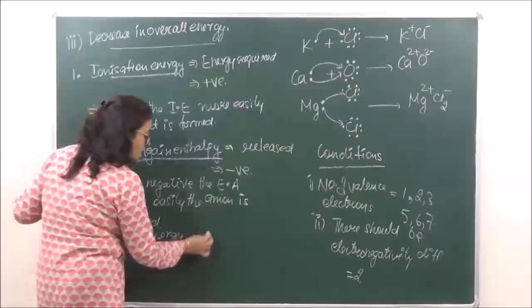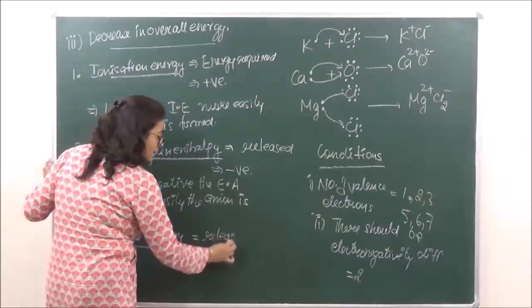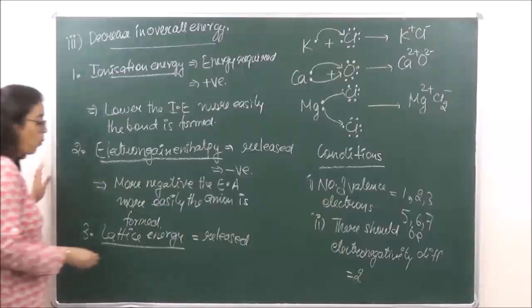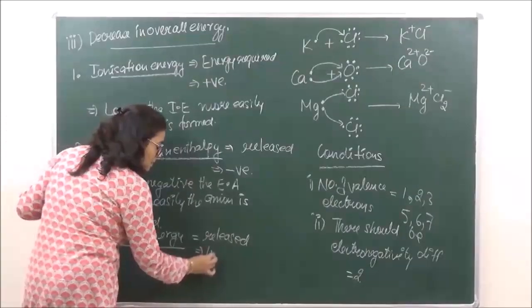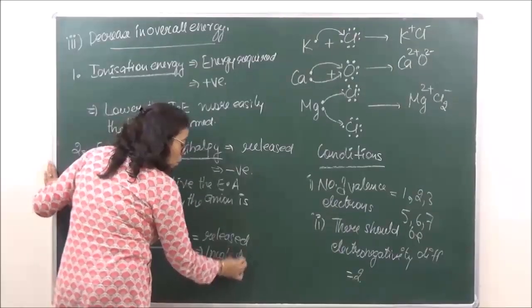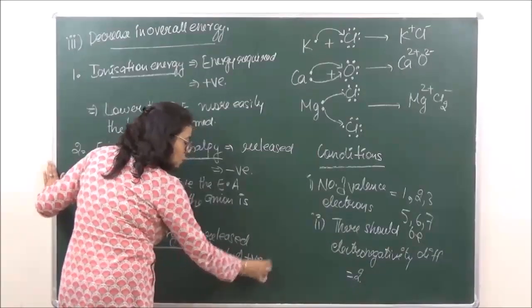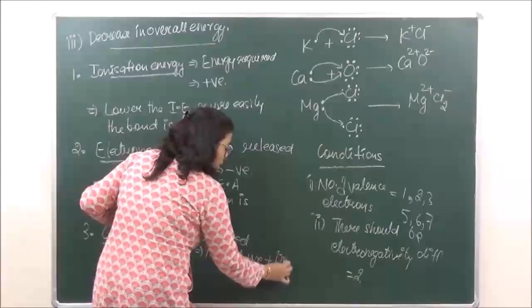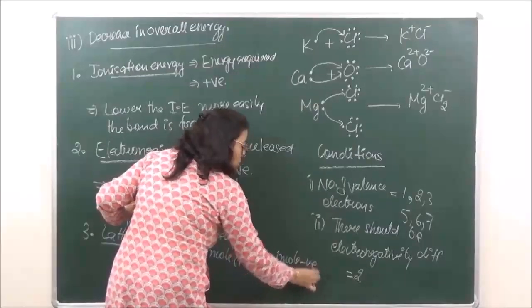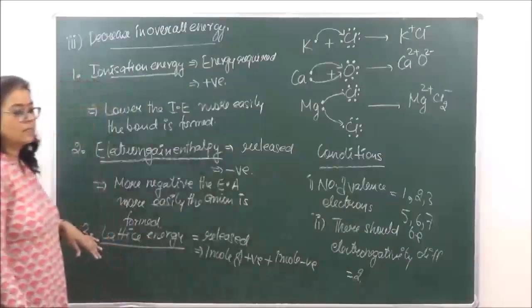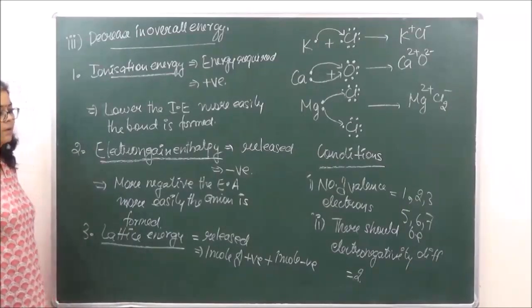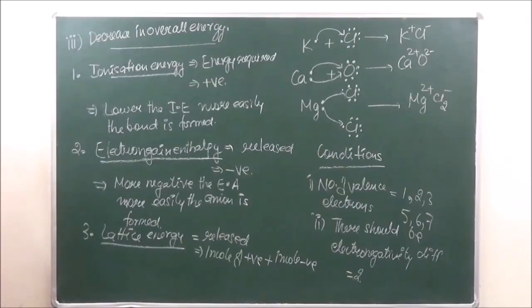Lattice energy is again the energy released when one mole of positively charged cations plus one mole of negatively charged anions come together to form a crystal lattice.